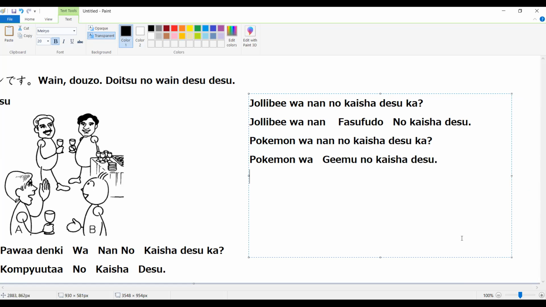じゃあ、キャサリンさん、ポケモンは、何の会社ですか？ ポケモンは、映画... English, eiga. Okay, movie. Or maybe we can use anime, because it's not really so much a movie, right?